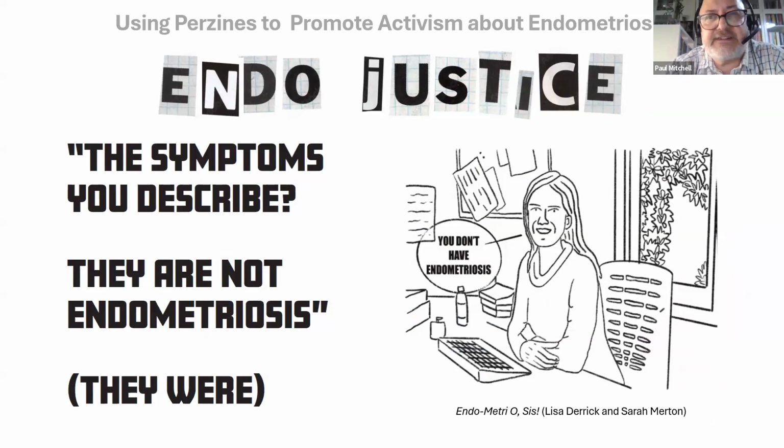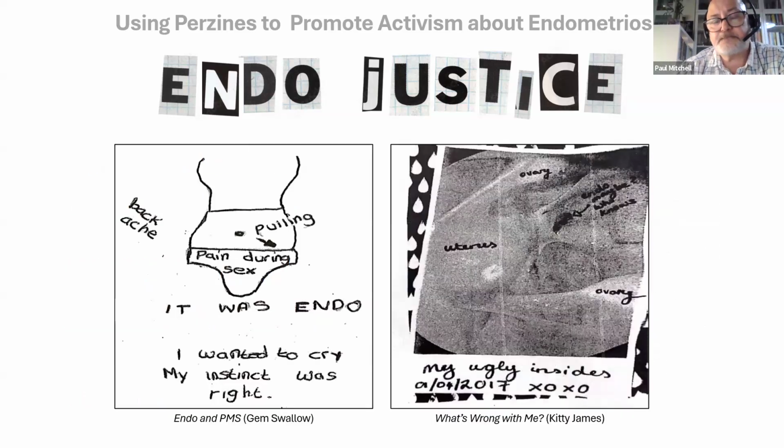So Lisa's perzine stages a subtle but powerful act of resistance when she inserts her own words in parentheses, the defiant "they were." And by doing so, she asserts her insider knowledge that challenges how patient voices are often sidelined in biomedicine. So Lisa's voice here doesn't merely add nuance to this particular medical scenario, it actively displaces the doctor from a position of authority.